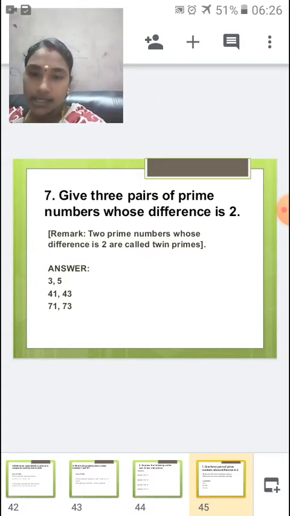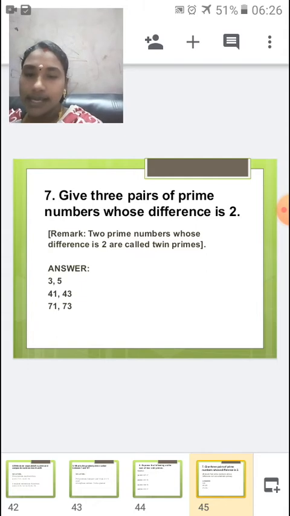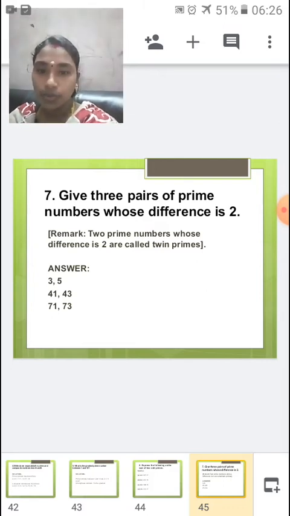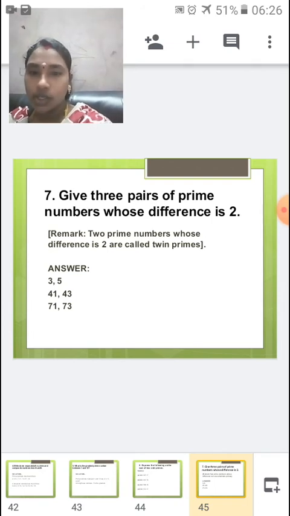So the answer is 3, 5. When you subtract 3 from 5, you get the answer 2. Next we have 43 and 41. When you subtract 41 from 43, the answer is 2, and they are also twin primes.